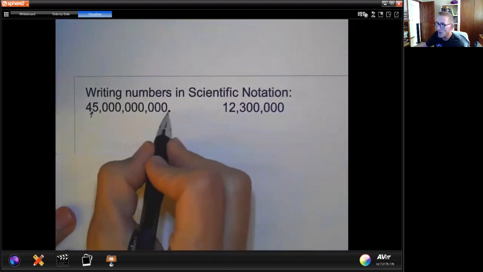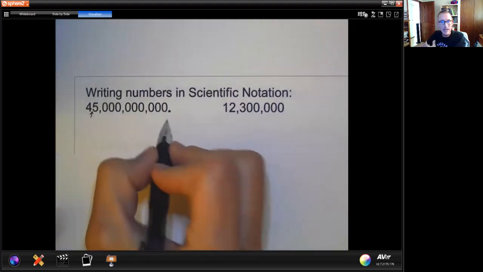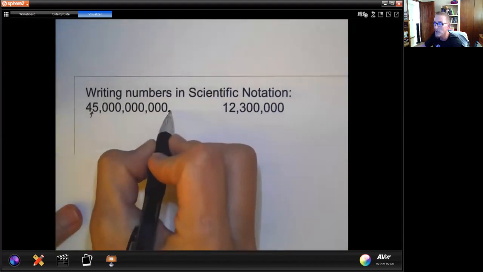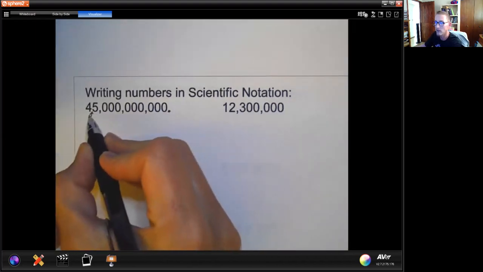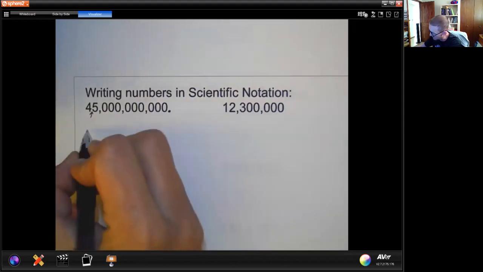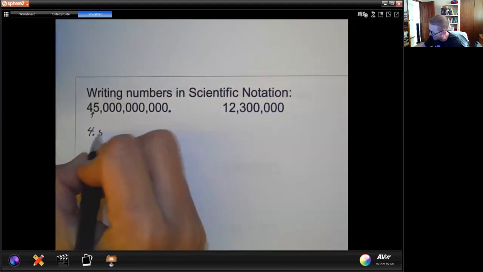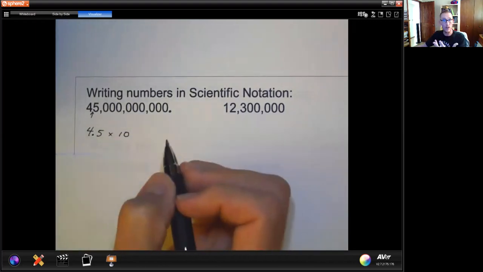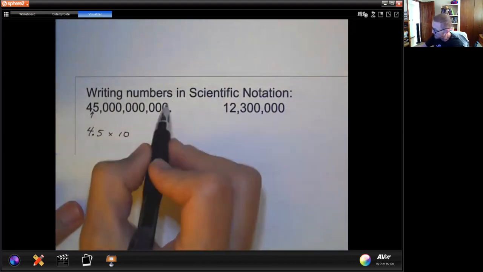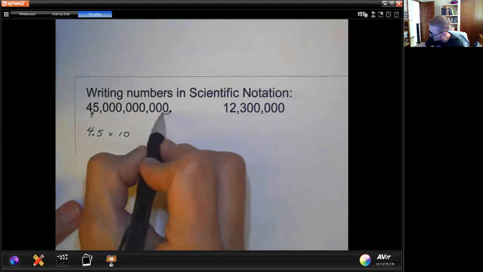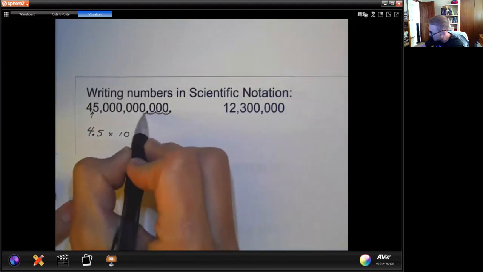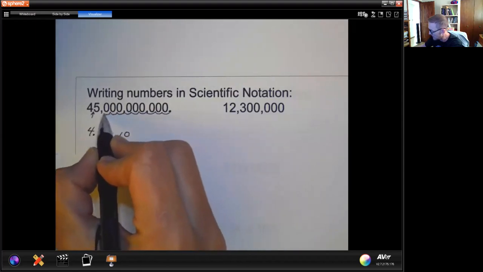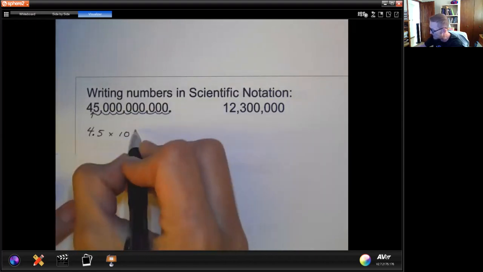Well, I'm going to move the decimal, and I like to create a visual. So I'm going to move it all the way from here to there. So this is going to become 4.5 times 10 to the, and we're going to figure out what power it is. So I move the decimal 1, 2, 3, 4, 5, 6, 7, 8, 9, 10 times.